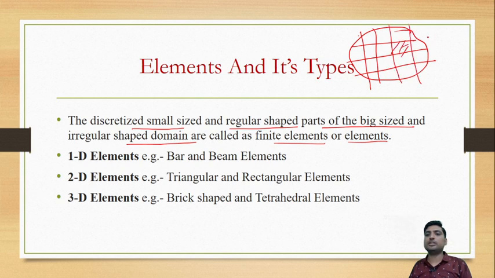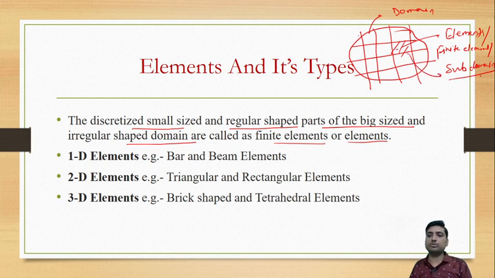These small portions are called elements, or finite elements, or subdomains. If we say this is a domain, then obviously this small portion is a subdomain of this domain. So sometimes we call it a subdomain.